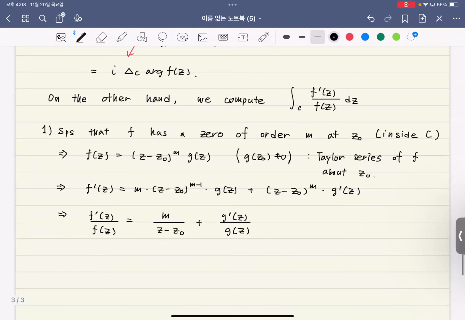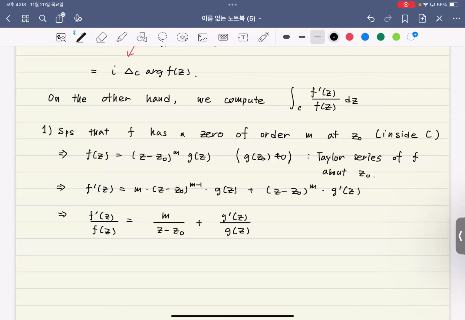Now, if you take a really small circle, really close to this point, then if the radius of your circle is small enough, g of z0 is non-zero.